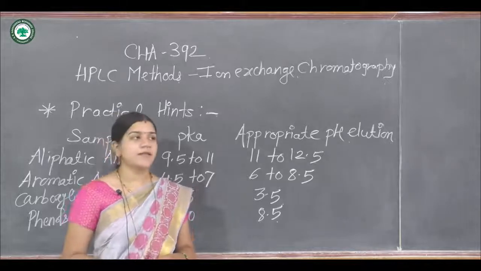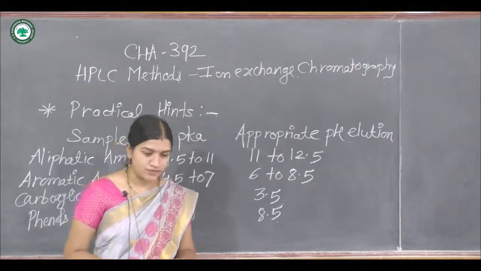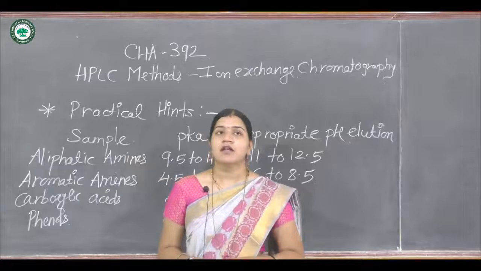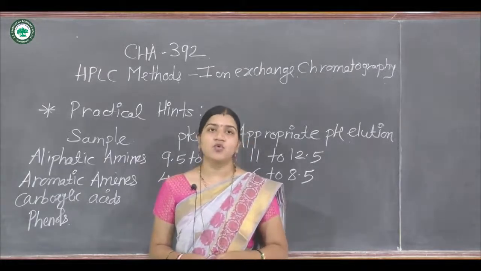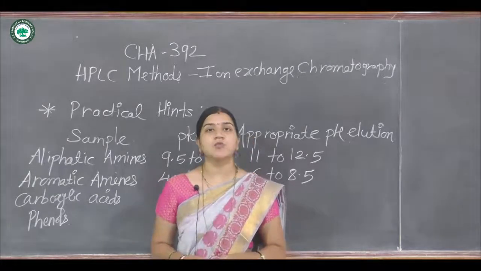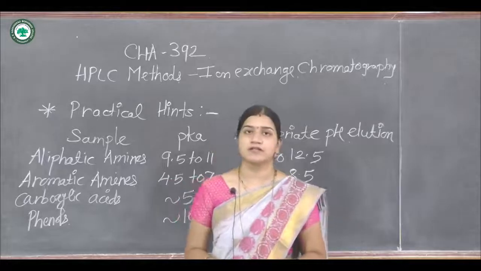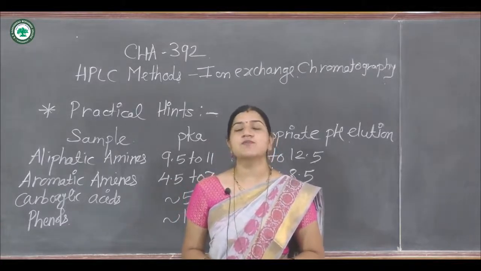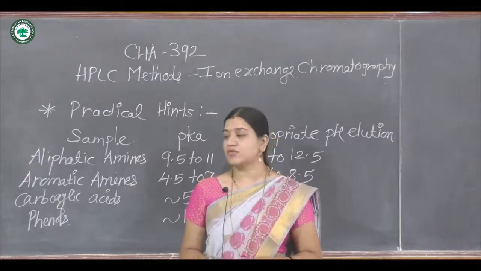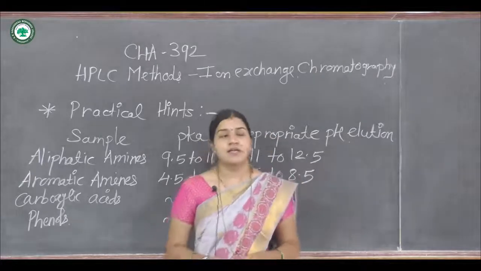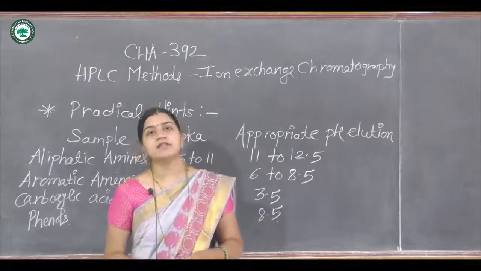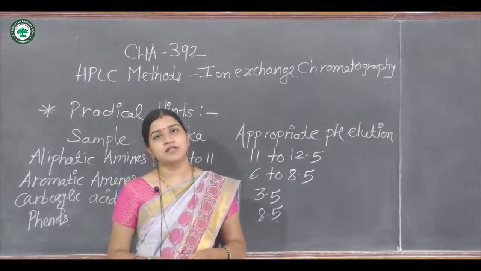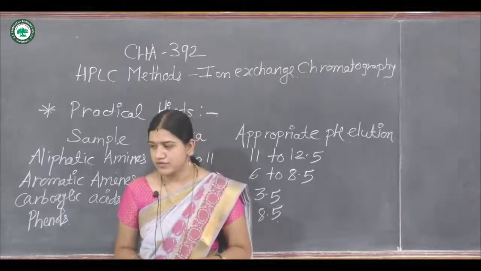The next is the effective buffering of a solution. All of you know that you cannot use only a single solvent as a mobile phase in HPLC. So we always prefer to use two or three different solvents together as a mobile phase. Hence, in this case, effective buffering is also a very important step.